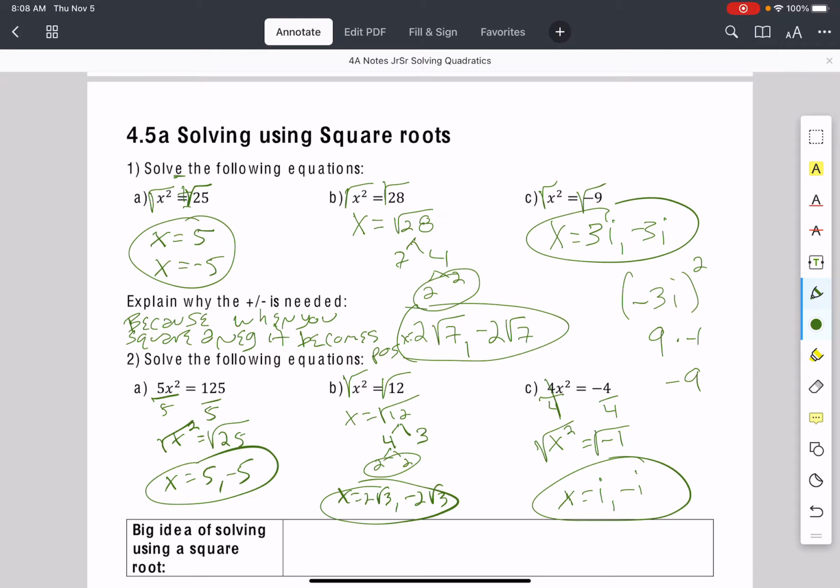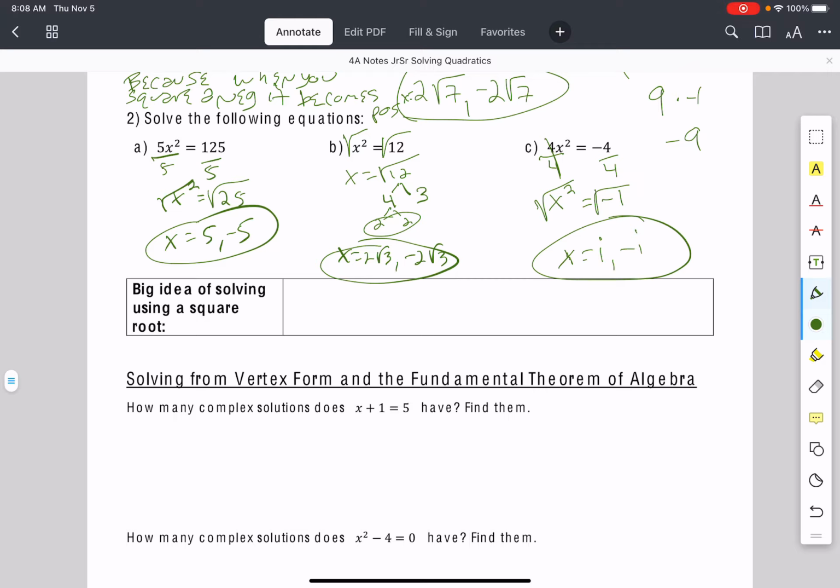Okay, big ideas of solving by square roots.